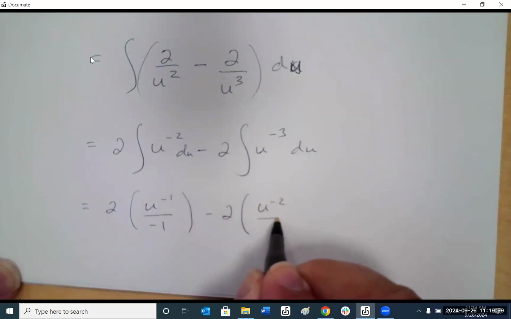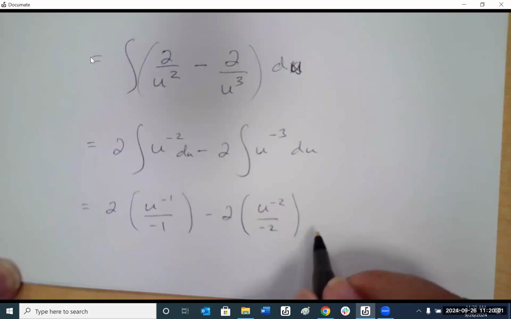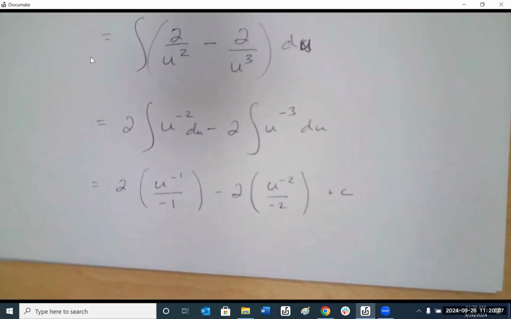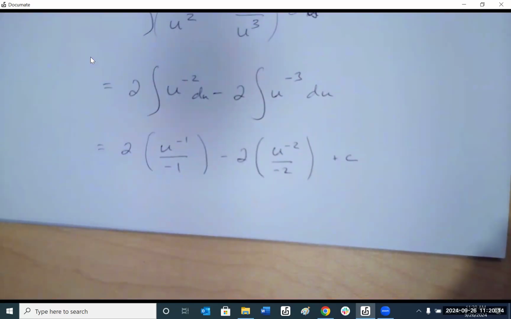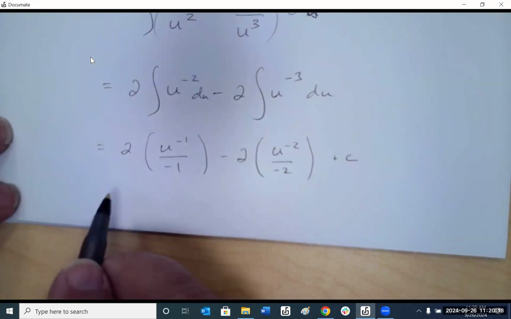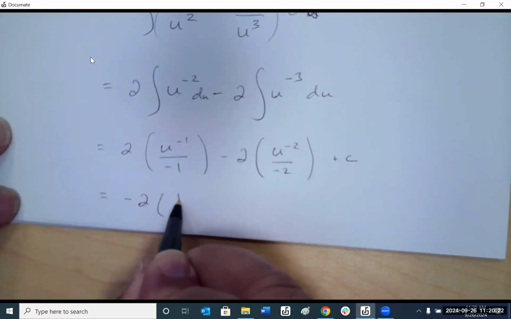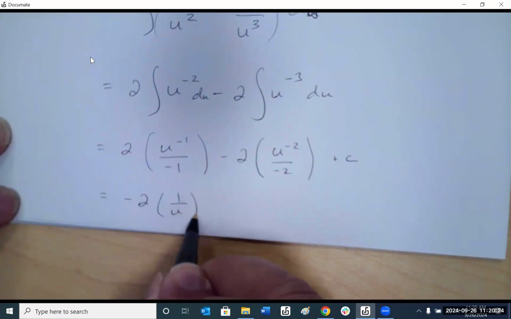And u to the power -2 over -2. So this one makes it -2 over u.